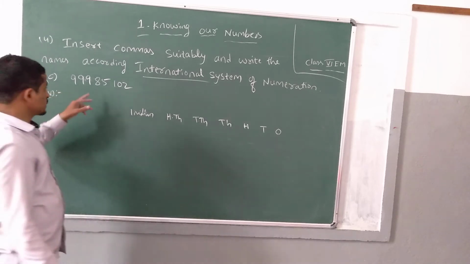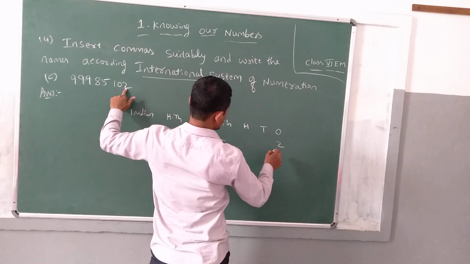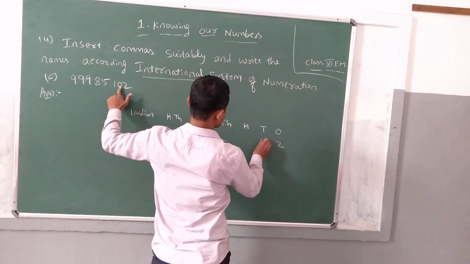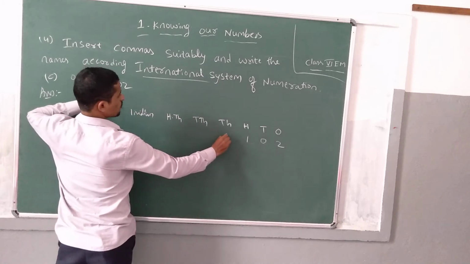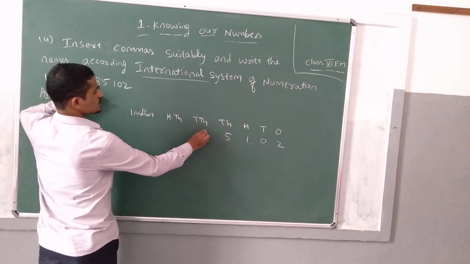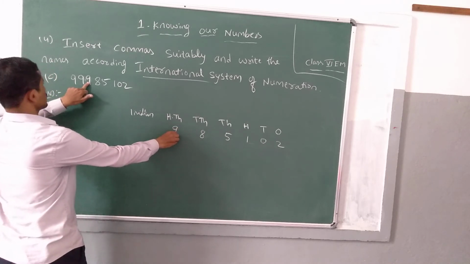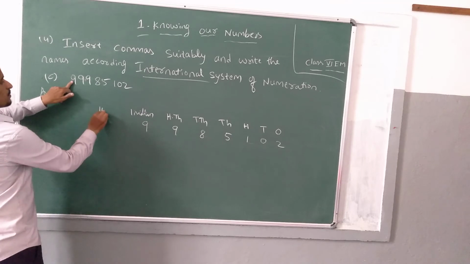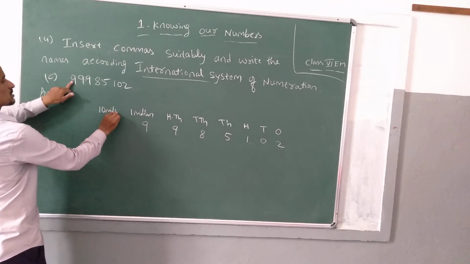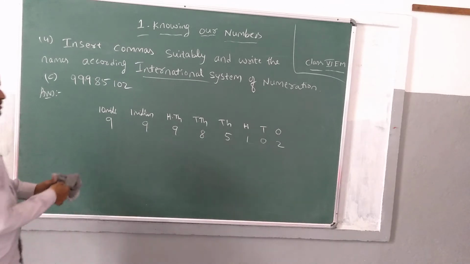So write according to this: ones, tens is 0, hundreds is 1, thousands is 5, 10,000 is 8, 100,000 is 9, 1 million is 9, 10 million is 9. Okay, very simple.